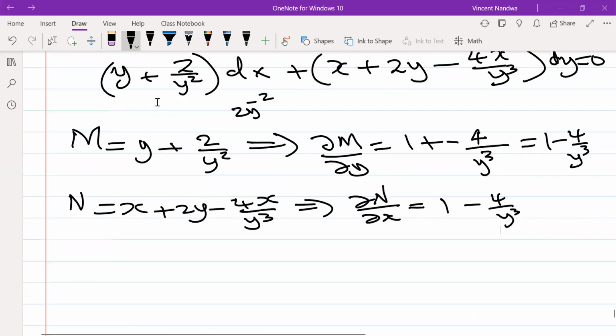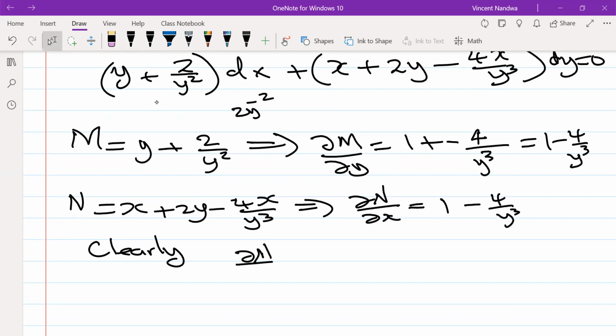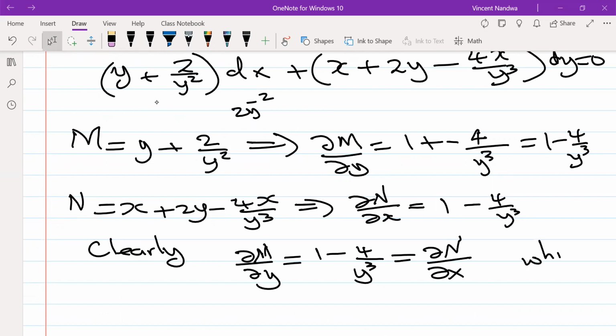You see that in this new equation, partial M partial y, which is 1 minus 4 over y cubed, is the same as partial N partial x, so it is exact.